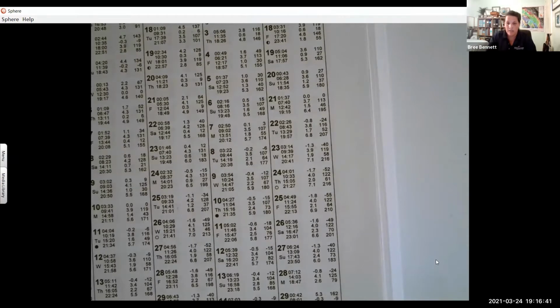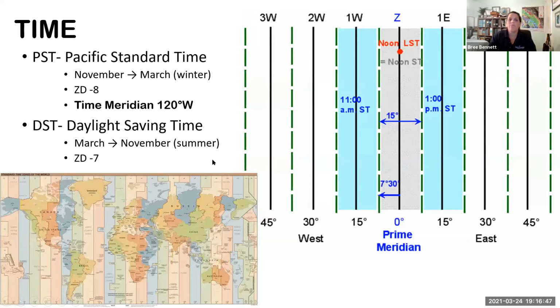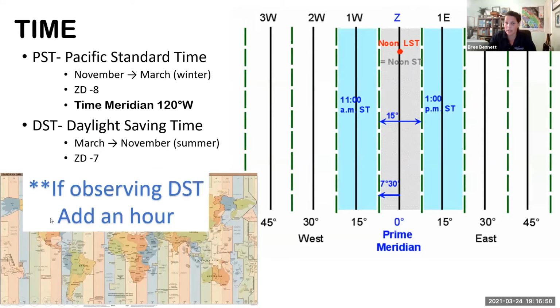But how we will do it is just by adding an hour after we figure out what our reference stations and subordinate differences are. We'll just add an hour to those times, and that will adjust for the difference in zone descriptions. If you are taking Coast Guard exams, again, for this particular class, our 2021 tide tables are adjusted for daylight savings time. So that's awesome.